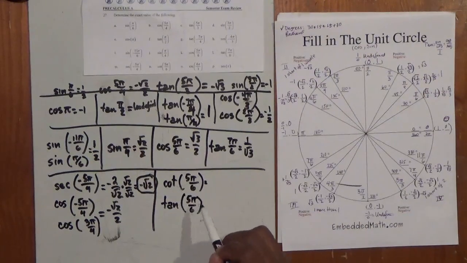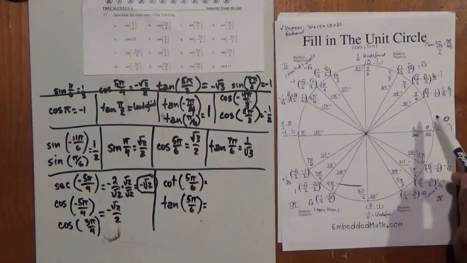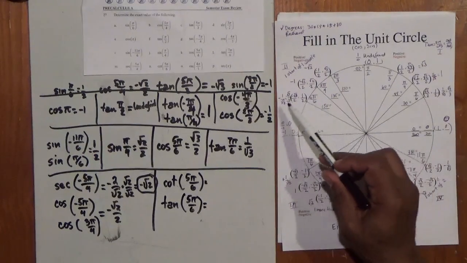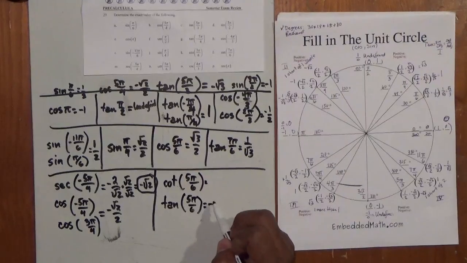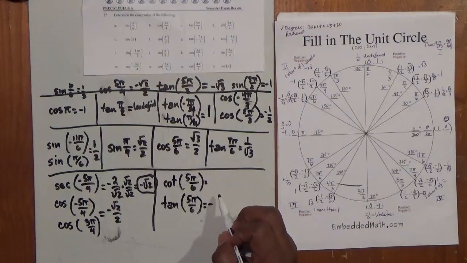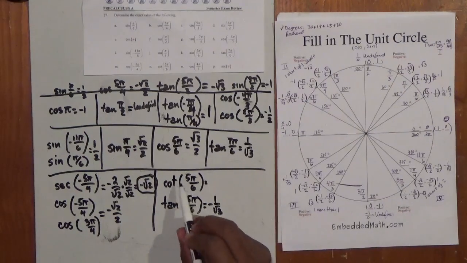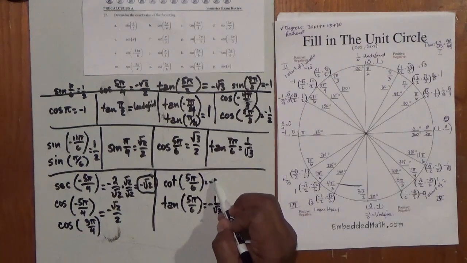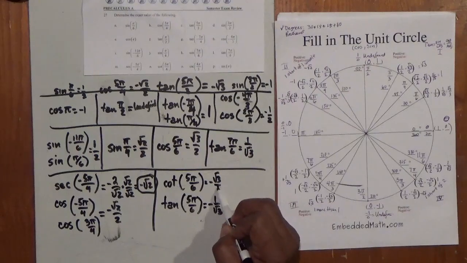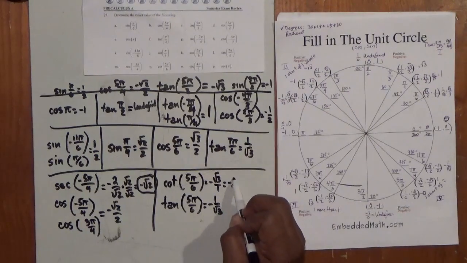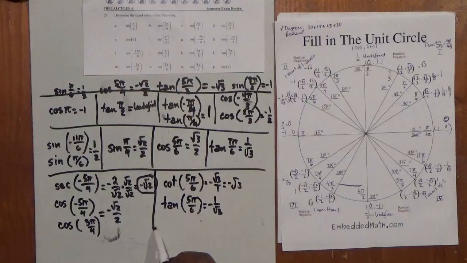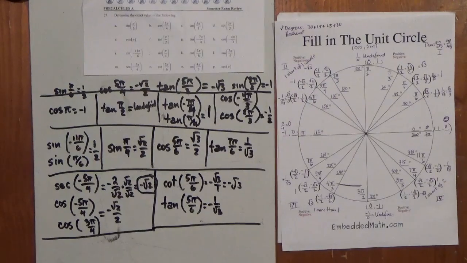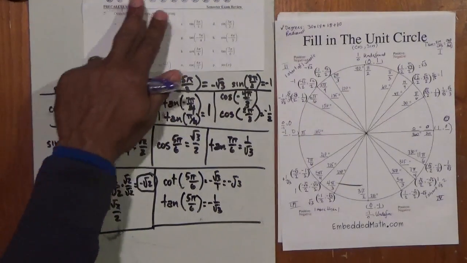Tangent 5 pi over 6 is a negative 1 over √3. That just means that cotangent is going to be negative √3 over 1, which is just negative √3. All right, let's finish this up.